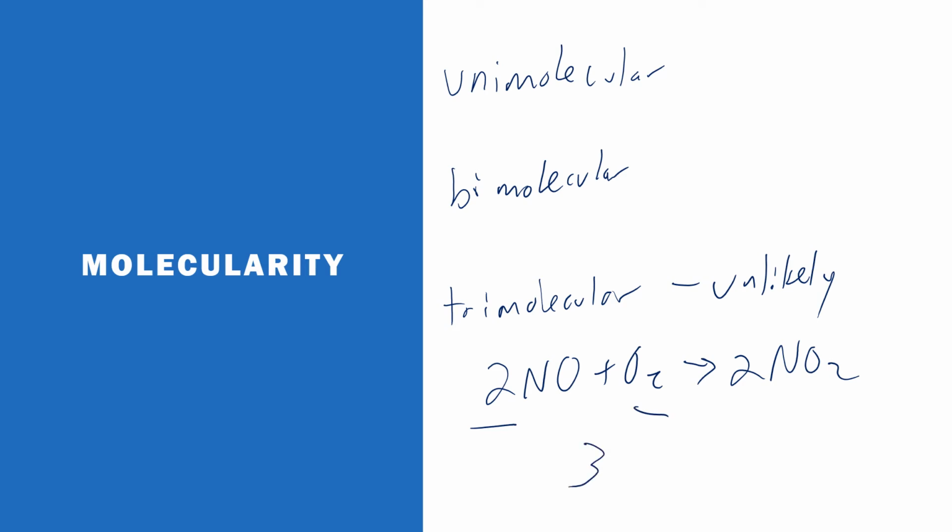So in order for this to happen in a single step, all three of those things would have to collide at the same exact time in the same perfect orientation for it to work. And that's extremely unlikely. So you'd say, no, this reaction is not likely to be a single step because it would have to be trimolecular. But if it's unimolecular or bimolecular, it is definitely a possibility that it is a single step. It's not always a single step, but it's possible.